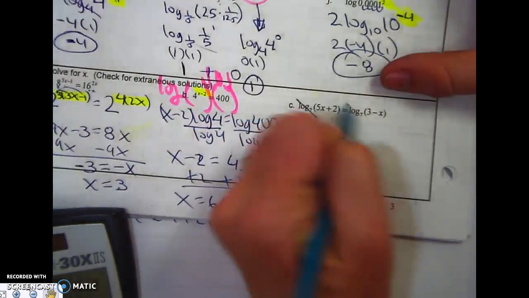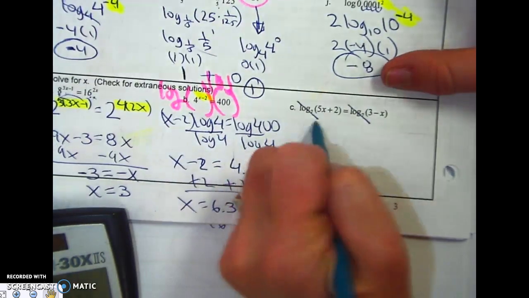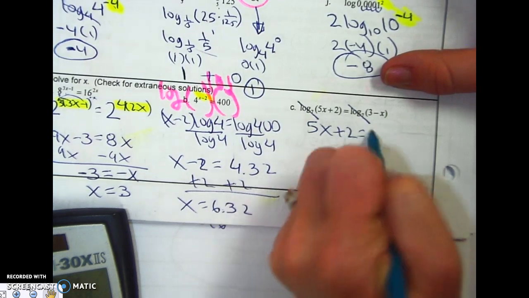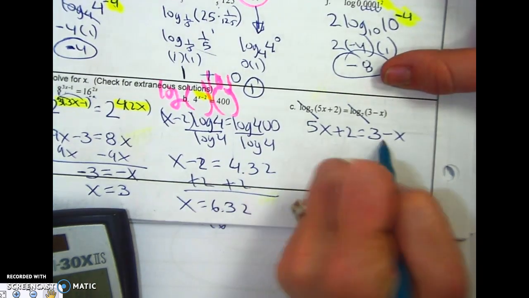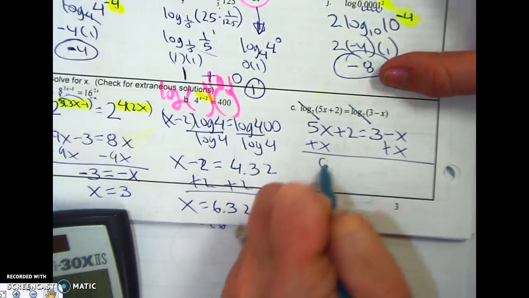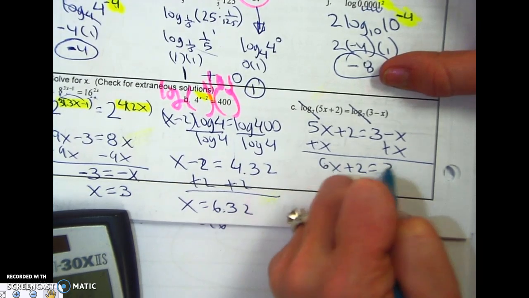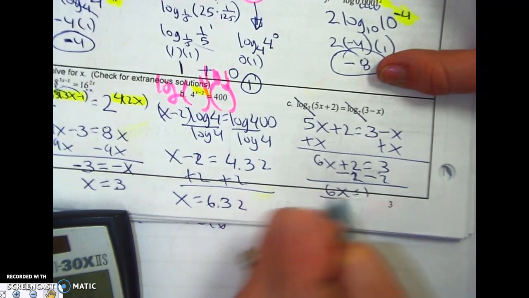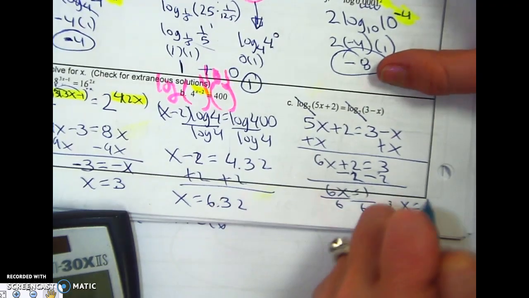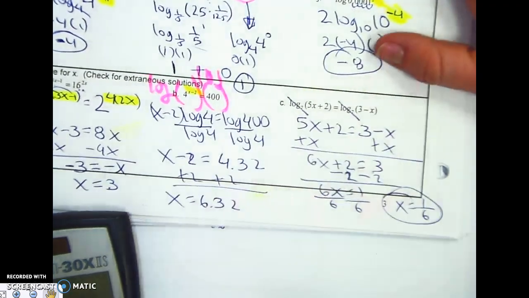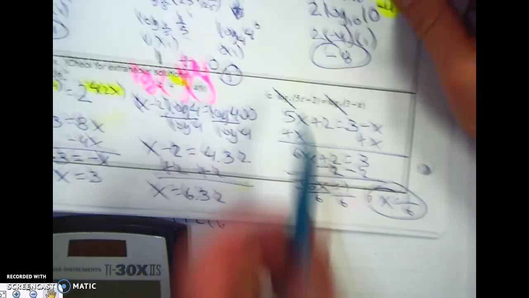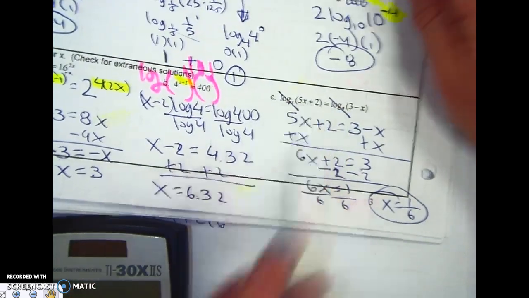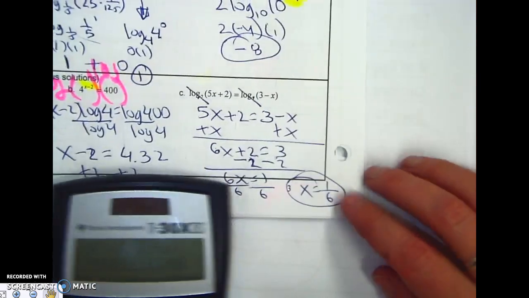I think you'll like this one the best. The bases are already the same, but it's in log form. So you're just going 5x plus 2 equals 3 minus x, small x to big X. 6x equals 1, divide by 6, x equals 1/6. Now, I can't check it by doing the logs, but what I can do is check it by plugging it in.